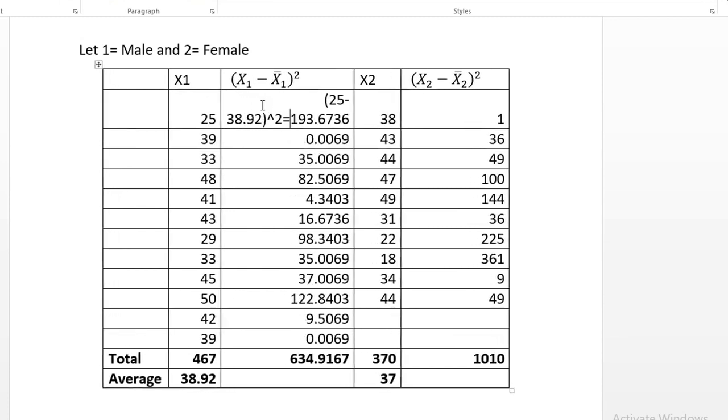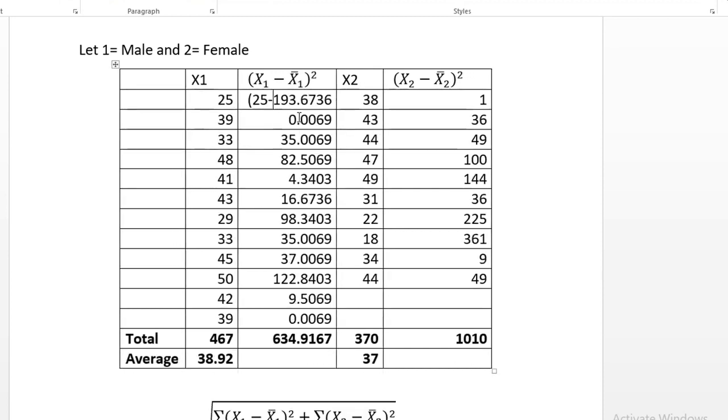It means take the square of this term. Then you will get 193.6736 and so on. It means you have to subtract each value of x1 from its mean, bar x1, here 38.92. So you will get all these values.